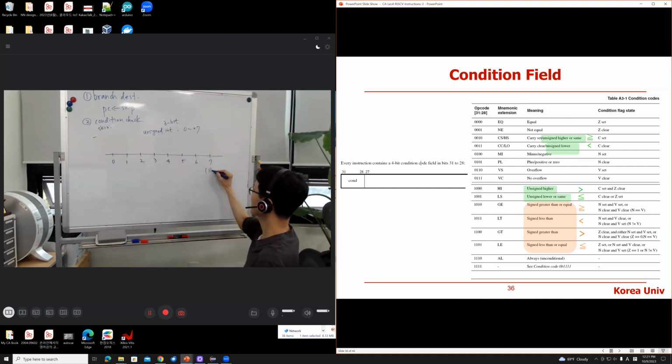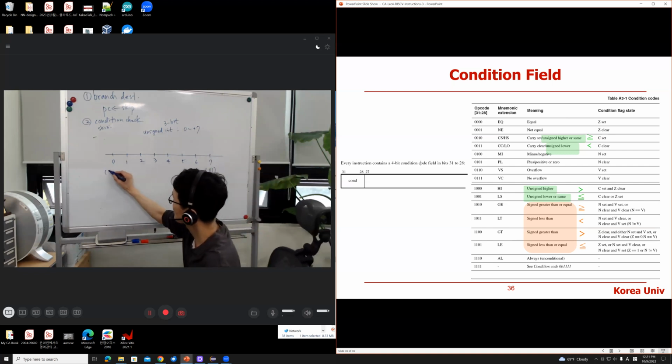So 7 is 1, 1, 1 in binary, and 0 is 0, 0, 0.